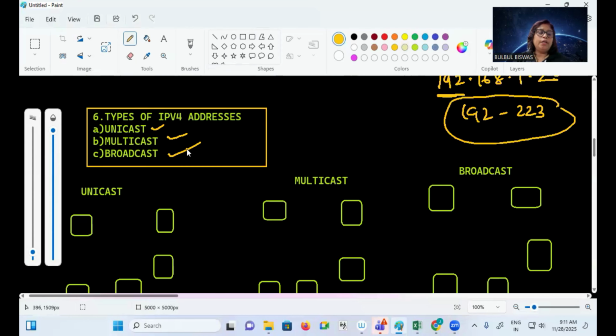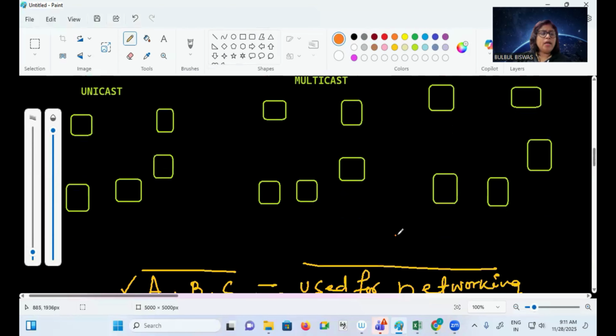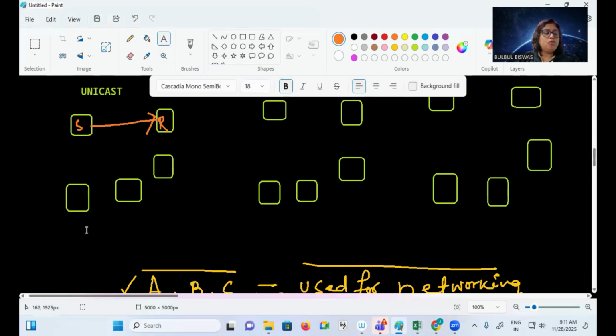So you see over here what happened exactly. Unicast means what? If a sender is sending data and it is received by only one host in the network, that type of communication is called unicast. Is it clear, everyone? We call it 1-to-1 communication.